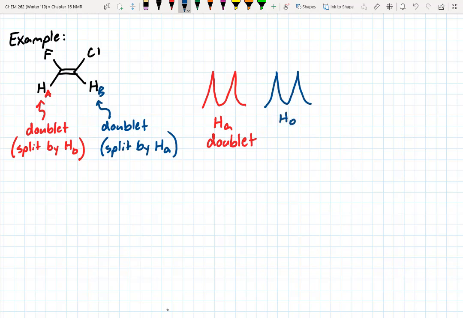So this would be the HB doublet. We can actually measure the distance between these peaks. And so, for example, we could call this JAB, and then over here, we could call this JBA, right? And what this really means is that they're splitting each other with equal intensity, right?